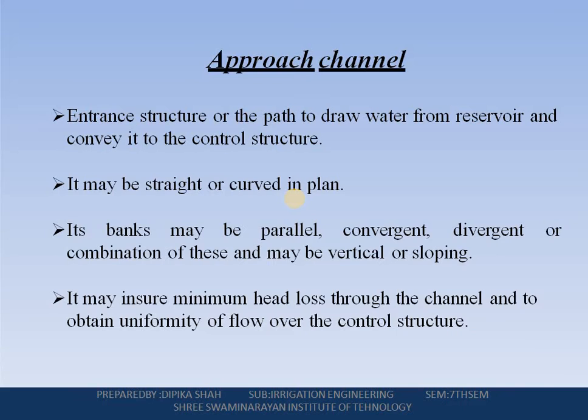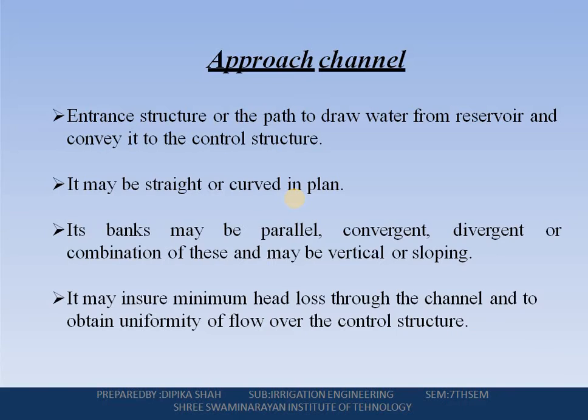The approach channel is an entrance structure or a path to draw water from a reservoir and convey it to the control structure. So it may be straight or curved in plan.